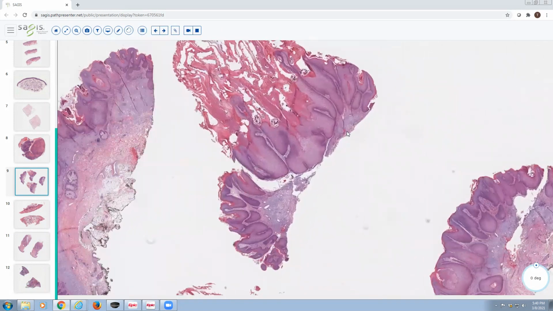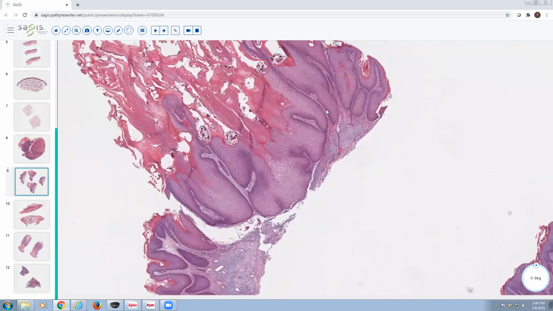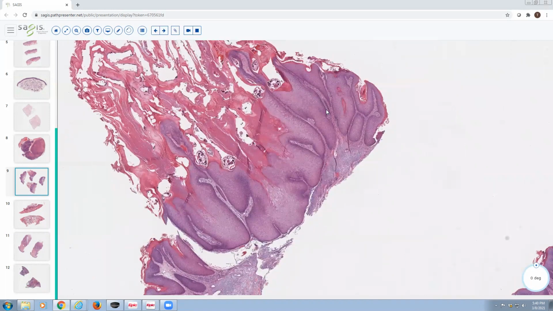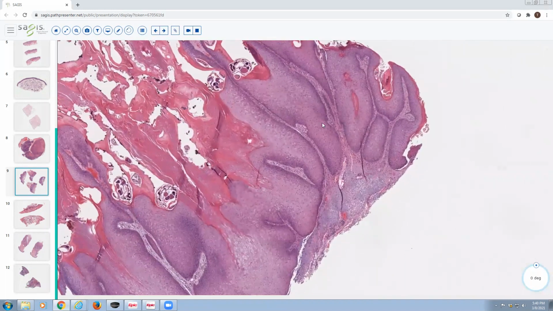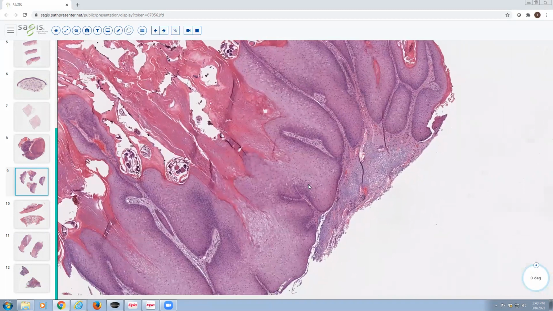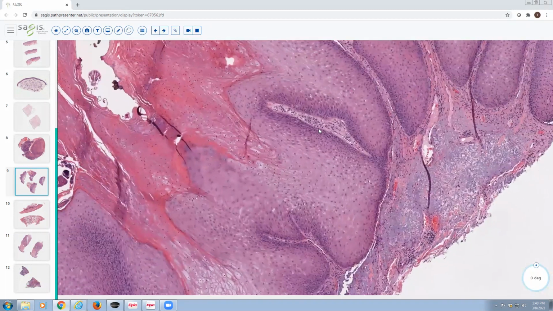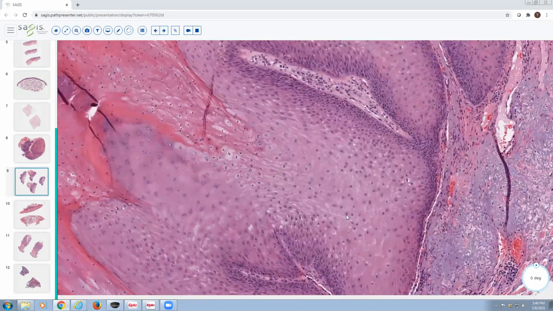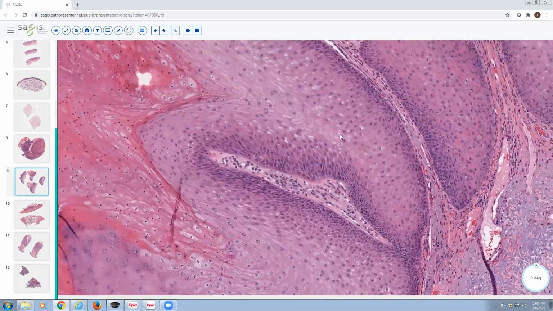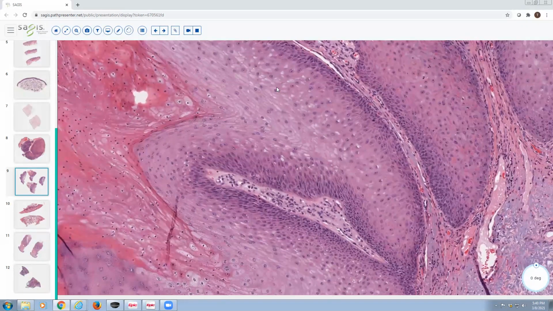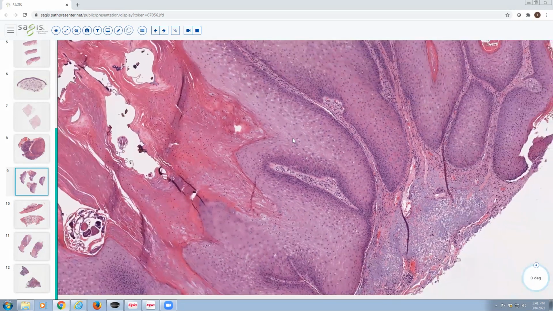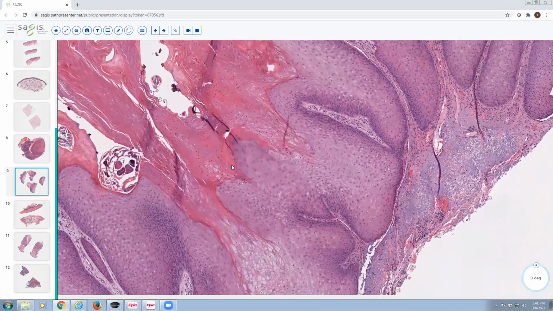As you go to higher magnification, though, you can see that this epithelial proliferation, this acanthosis, is benign. The nuclei are small, there's lots of cytoplasm, and the cells per unit area is low. So this would be described as pseudoepitheliomatous hyperplasia.